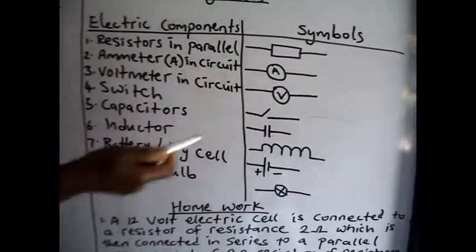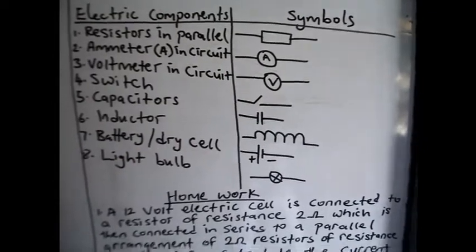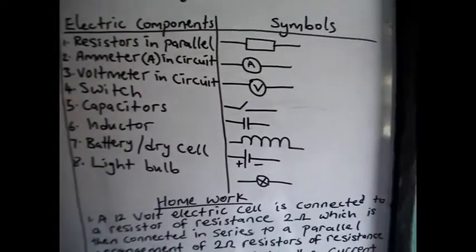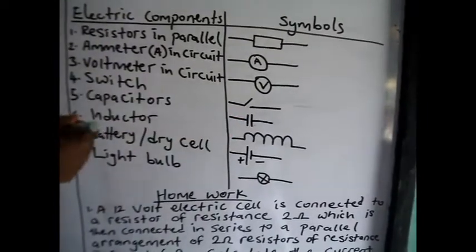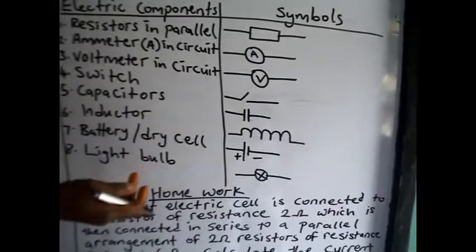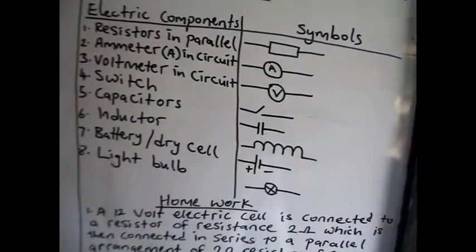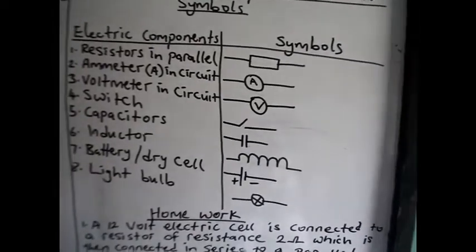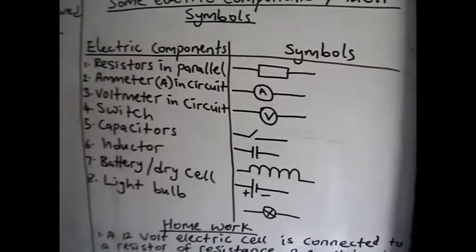Voltmeter is V. Then we have our switch, the house switch, represented in electric current. Then we have the capacitor as this, the inductor as this, the battery or dry cell, and the bulb. So I want you to look at these signs critically and also learn to draw electric circuits on your own, indicating most of these symbols.